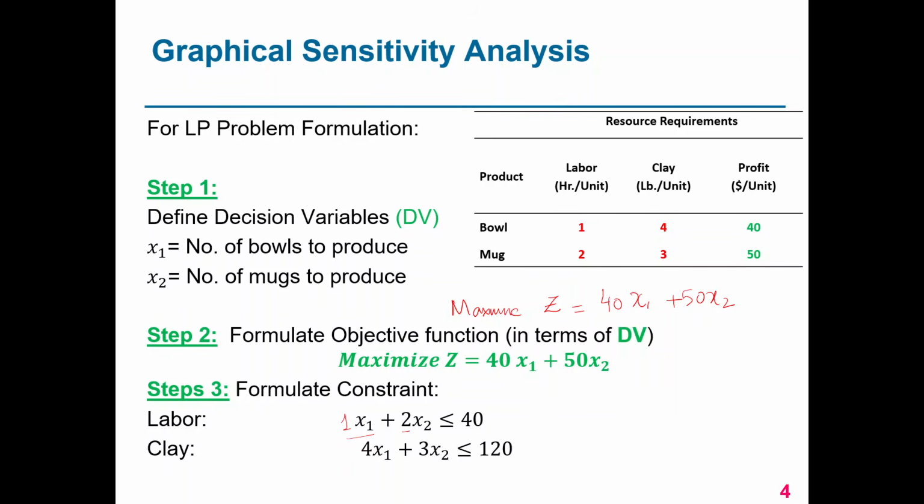The second constraint is about the clay, telling us that total clay consumed should be less than or equal to 120. Finally, we have a non-negativity constraint telling us x1 and x2 should be greater than or equal to 0. So after formulating the problem, we go towards the graphical solution.